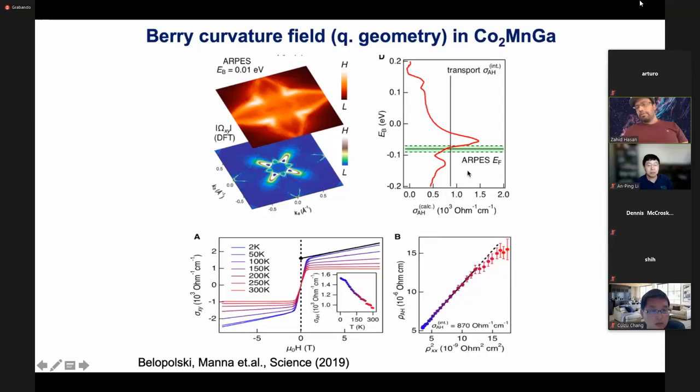So we used that to predict that this compound, this 3D topological magnet, should have anomalous Hall conductivity on the order of 1,000. The transport was done later by Kaustav Manna, and he found 870. So this is a remarkable thing, that RPS could predict transport.